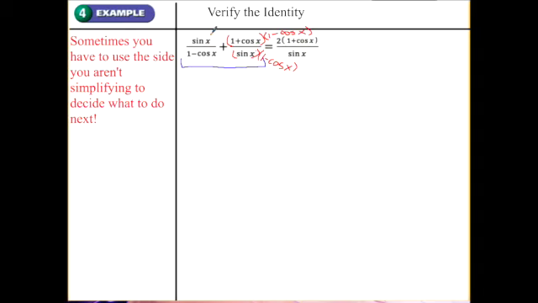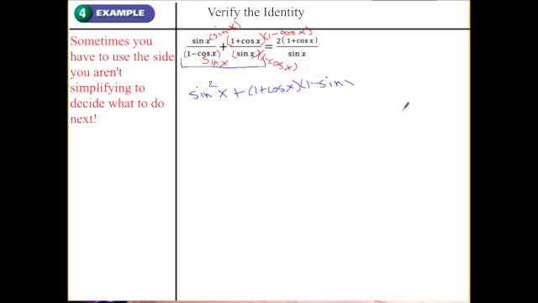And then I'm going to multiply the top and bottom of this fraction by the sine of x. Which looks kind of sloppy, but I'm going to write it all the way out, and I hope that it will make some sense. So now I've got the sine of x times the sine of x, which is the sine squared of x, plus 1 plus the cosine of x times 1 minus the sine of x.